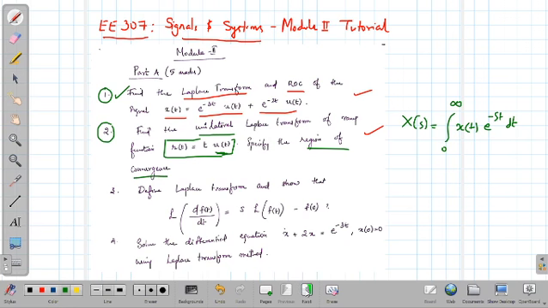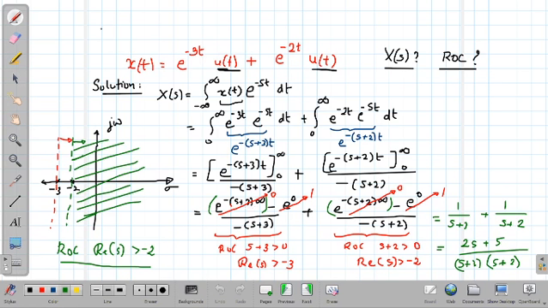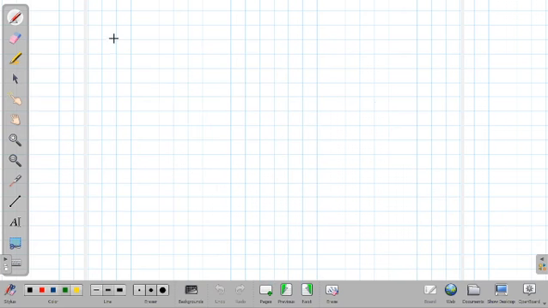Okay, so let me take a new page. Yeah, so this was question 1 we have solved. Now we'll go to the next question. Question 2. So question 2 is: it is given that r of t is equal to t into u of t, and you are asked to find the Laplace transform of the signal.